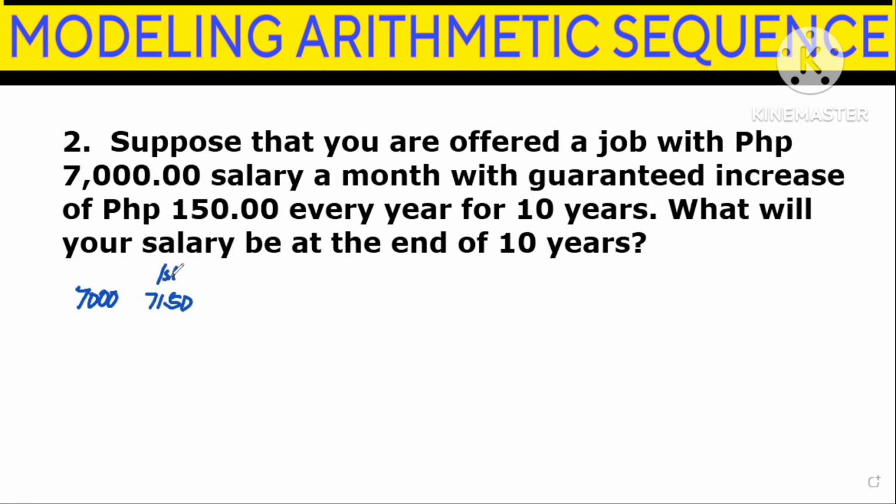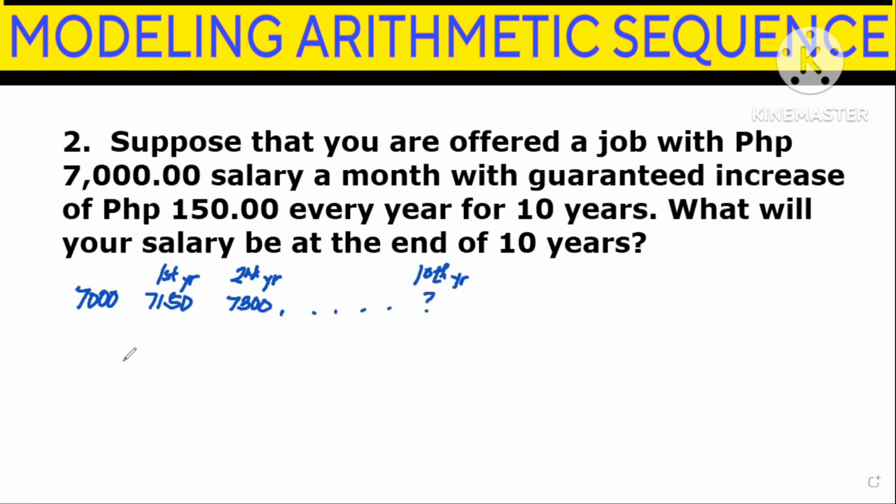So, first year. On the second year, it becomes 7,300. And so on and so forth up to the 10th year. Of course, we do not know this amount, because that is what is being asked.